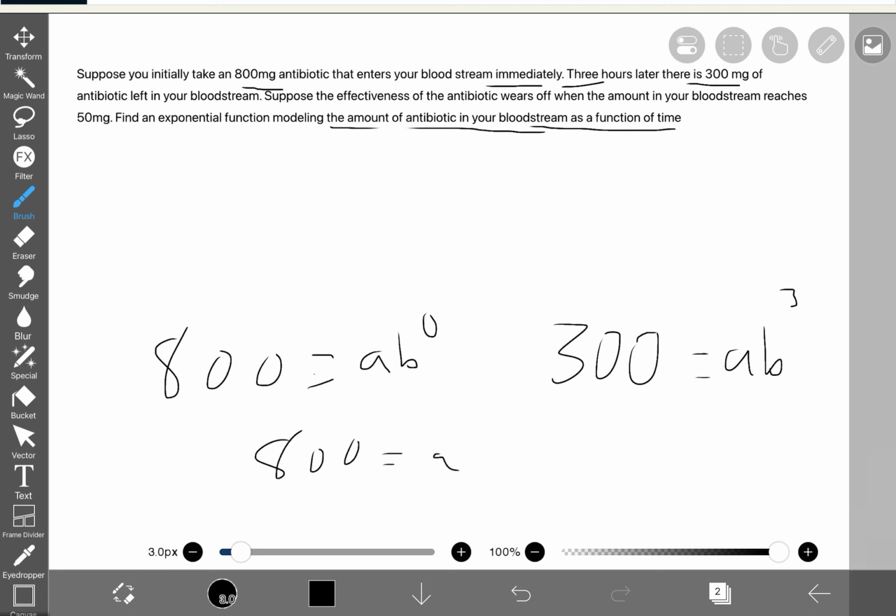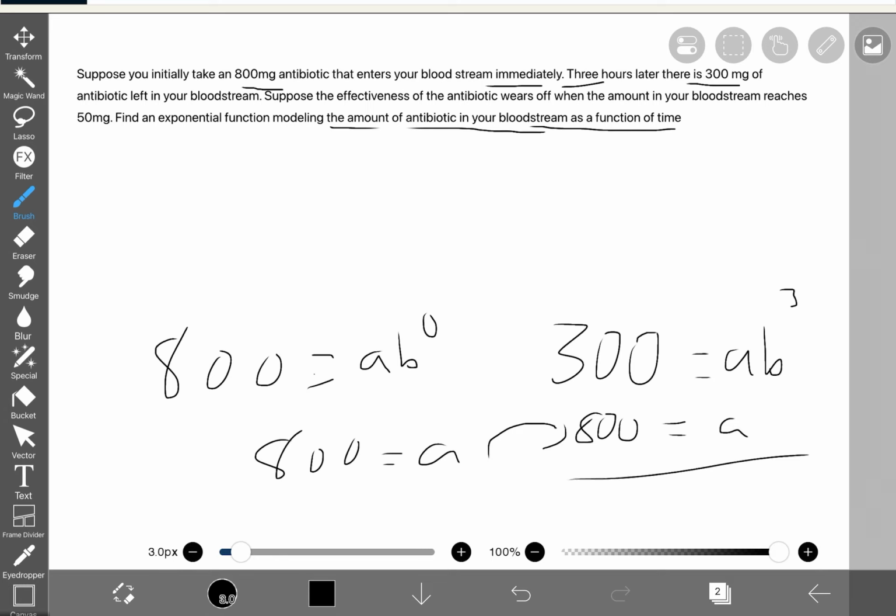What we're then going to do is take these two equations. We're going to put 800 equals a up here. Actually, we'll set this up, it will be a little bit easier. It's the same thing, just nicer numbers, and we're basically going to make this a division.